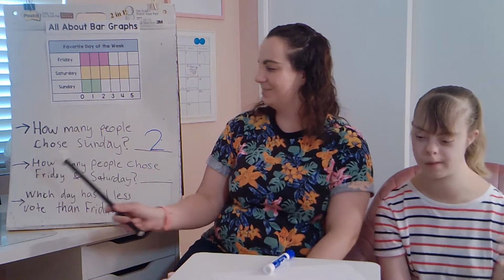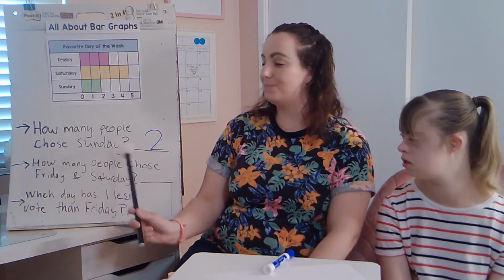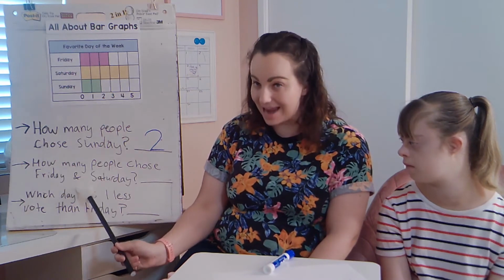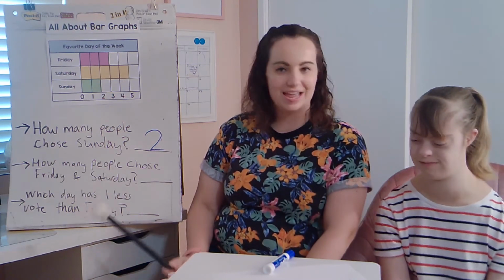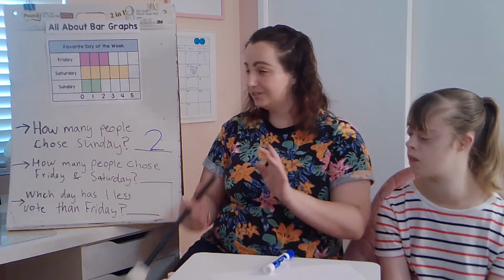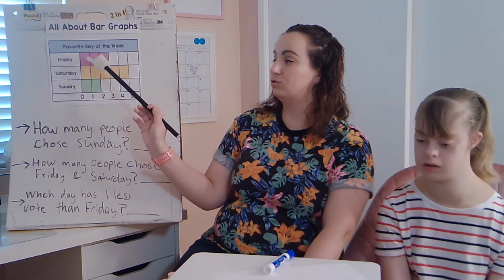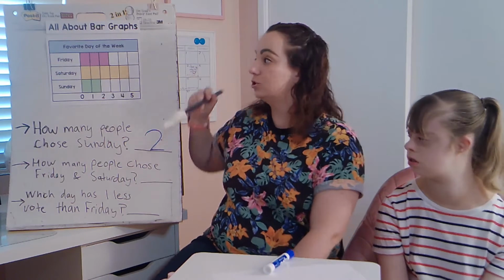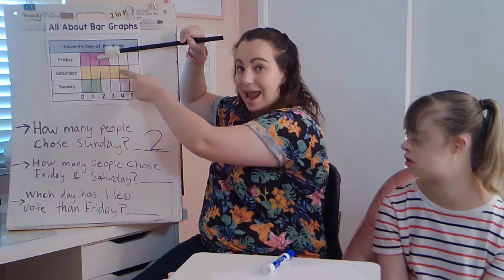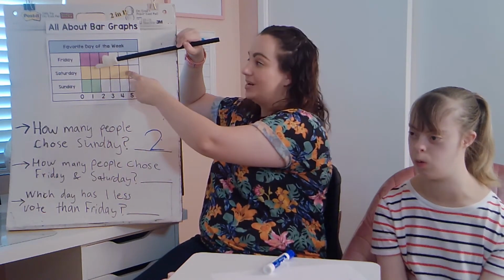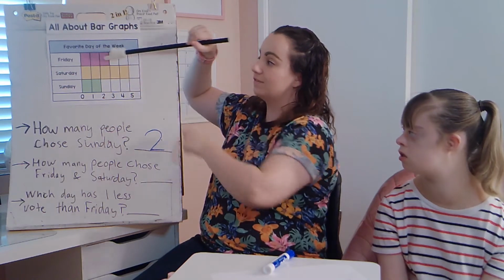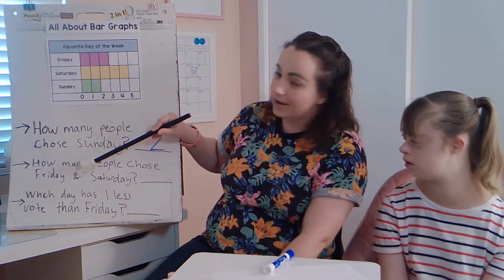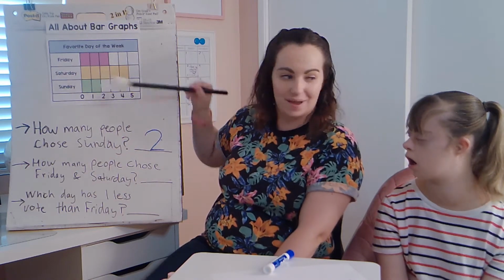Interesting. We're not just looking for how many people chose Friday or Saturday, but how many people chose Friday and Saturday. We need to count up all the votes of Friday and Saturday. You can't ignore that and. It means both of them.